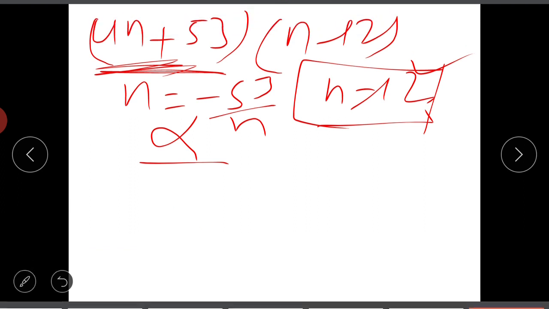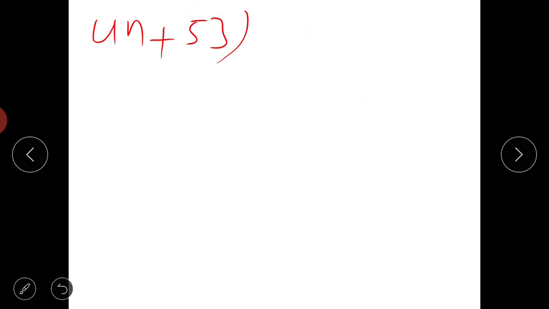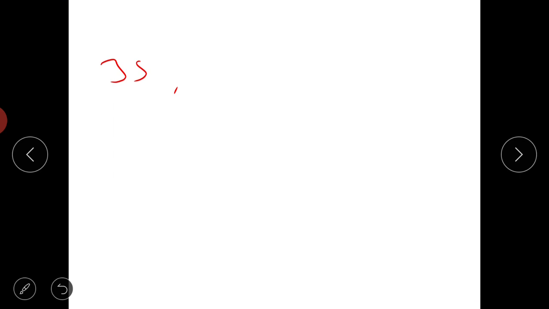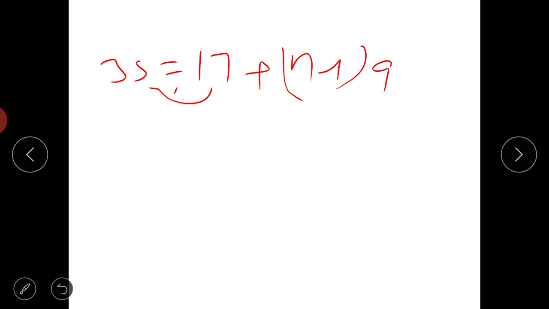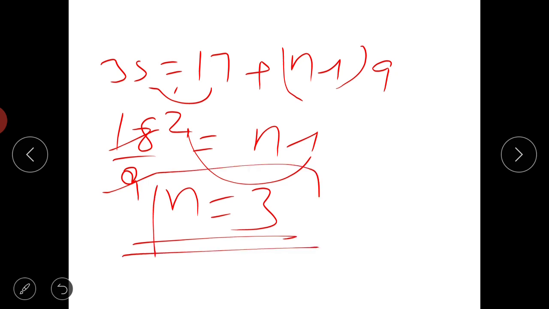I think you are able to solve this. So 35 is equal to 17 plus n minus 1 into 9. So transpose: 35 minus 17 is 18, divided by 9, that equals 2, is equal to n minus 1, and transposing here, n is equal to 3. Yes or no? If n is there, you are able to find out the S3.